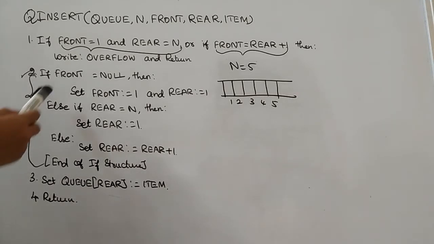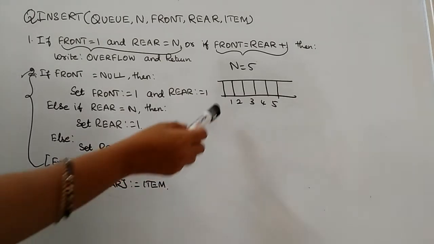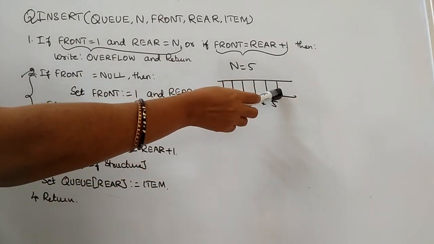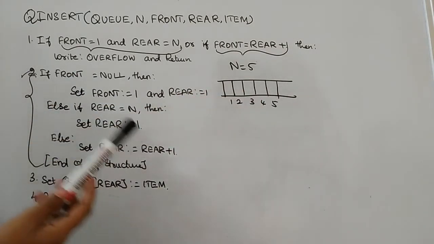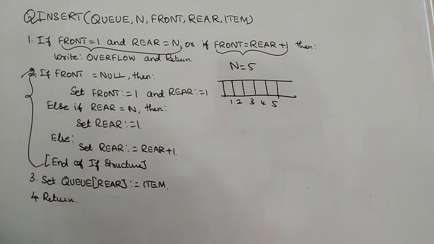First, we check the condition whether front is equal to null. Why check front is equal to null here? Because if the queue is empty, there will be no element in the queue, so there is no necessity to check for the rear end.